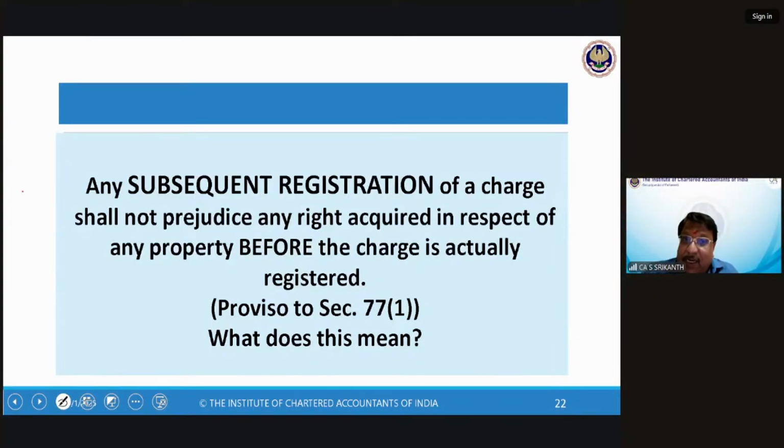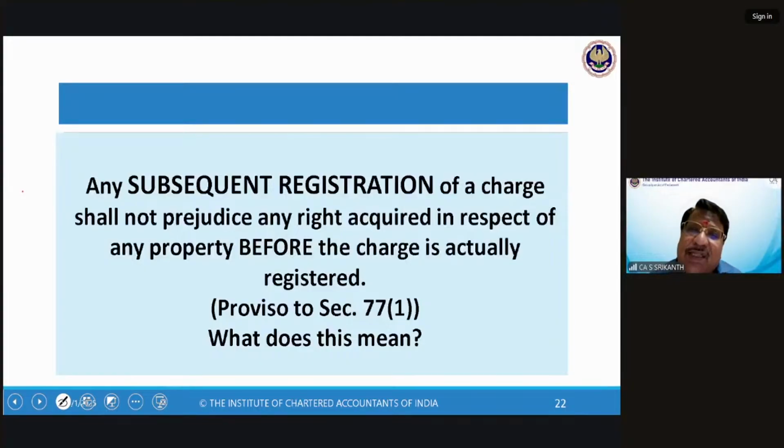But if in the meantime another charge was created and that person was smart, and registered within 30 days or maximum 60 days, then that charge will have priority over this. In other words, this belatedly registered charge will be the second charge, and the earlier registered charge, though created later, will be the first charge.